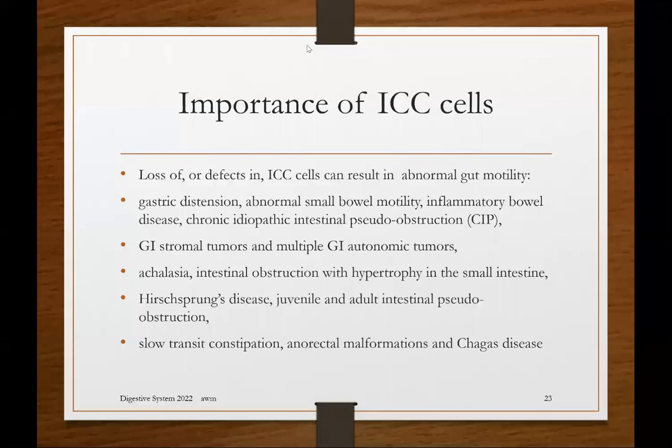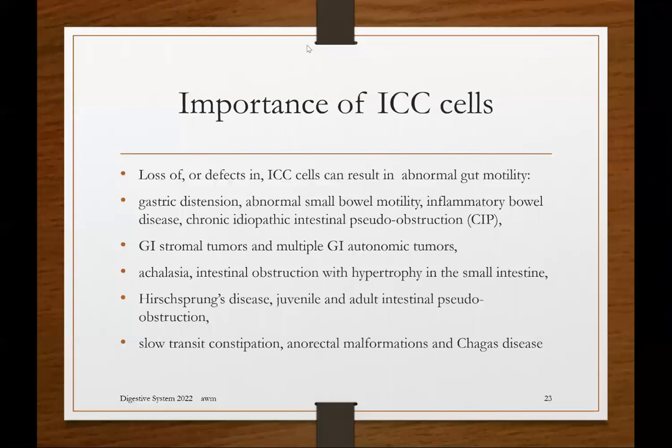Okay, so you have all manner of forms of pseudo-obstruction. You can also get slow transit constipation. So this constipation is occurring because the contents are being moved too slowly, maybe because of a lack of coordination between the nerves and the smooth muscle.